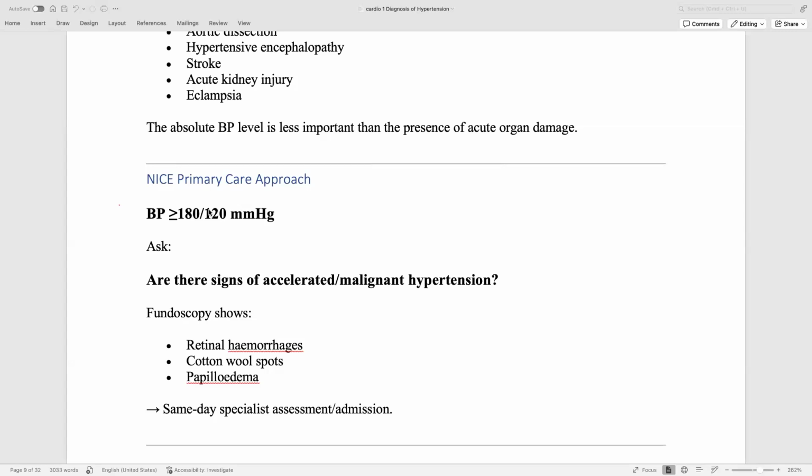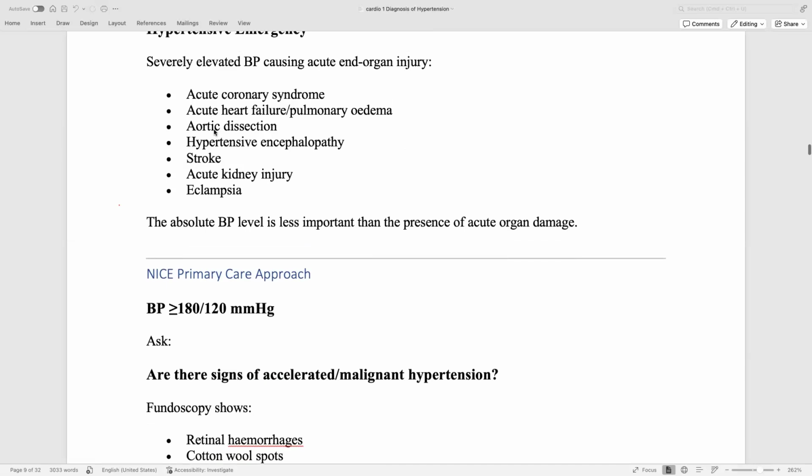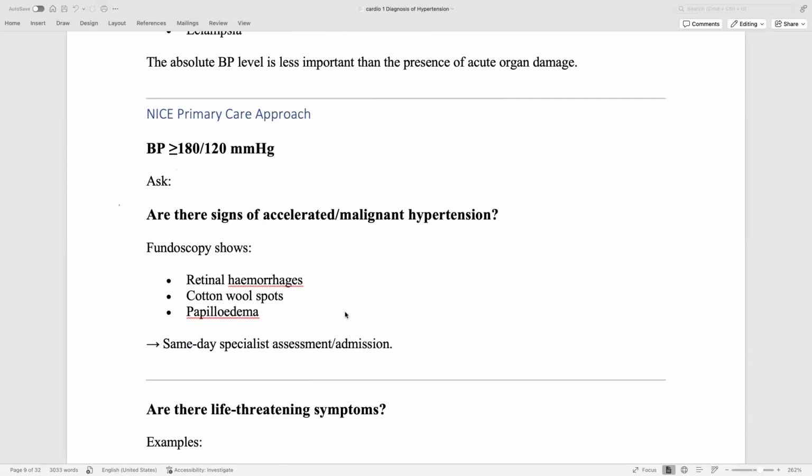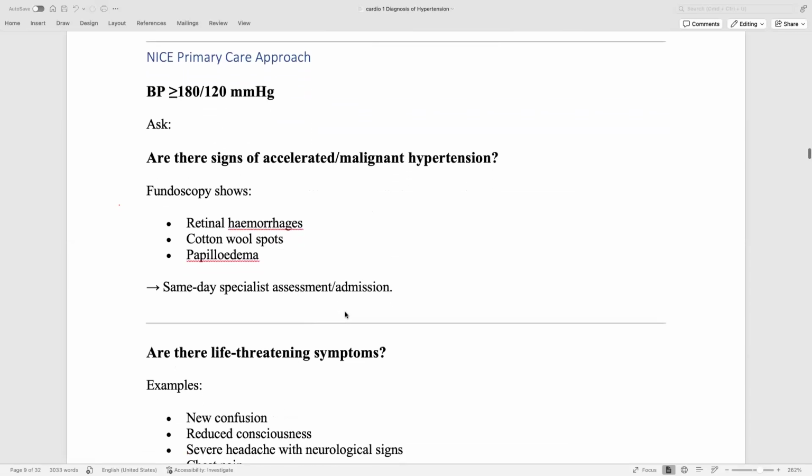I need to classify this blood pressure: severe without damage, accelerated with retinal damage, malignant with papilledema, or if he has any one of the elements of the emergency. Is he having coronary artery disease, heart failure, aortic dissection, encephalopathy, stroke, kidney injury, eclampsia? According to the assessment, then we will decide.